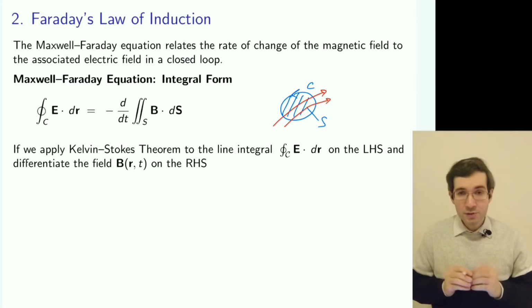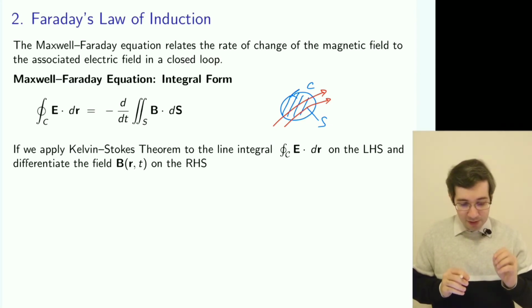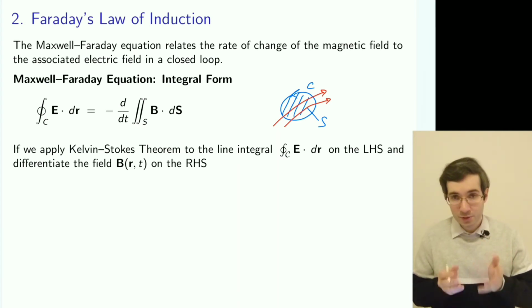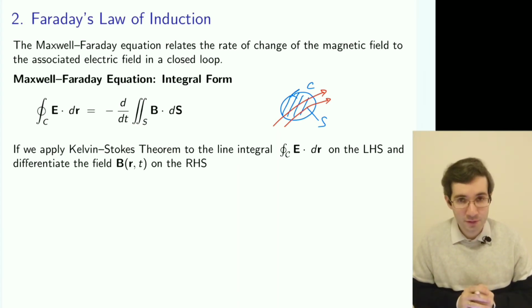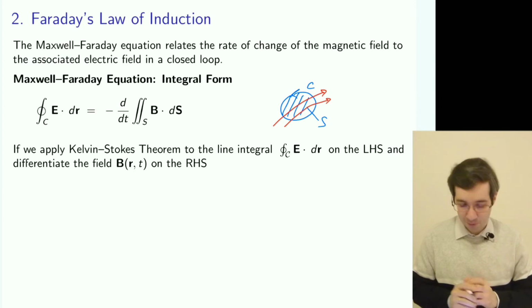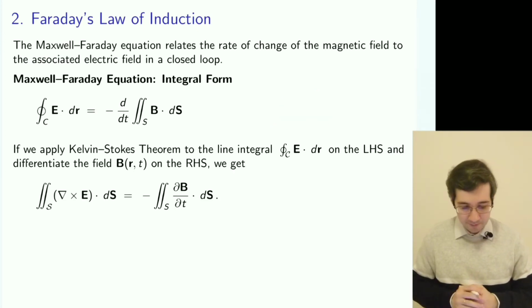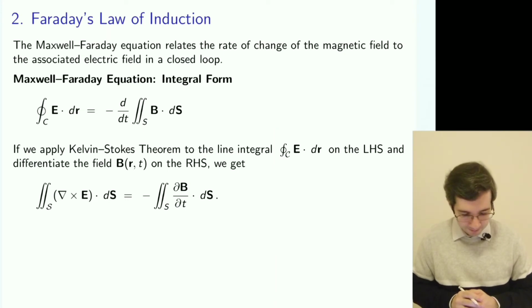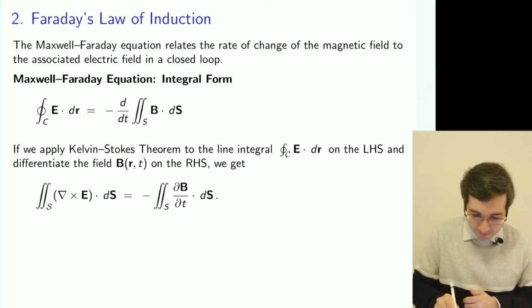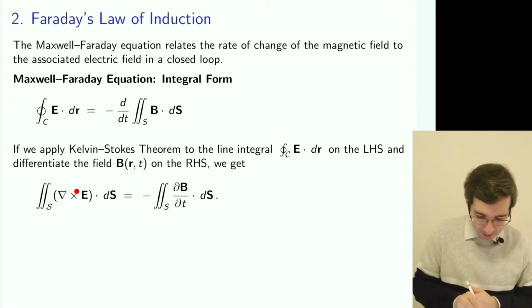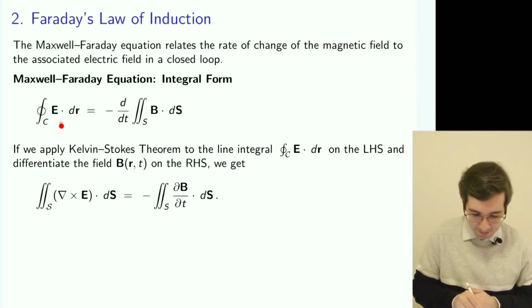And what we can do here is change the integral form, which you can see now because you have integrals, to the differential form. If we apply the Kelvin-Stokes theorem to the left-hand side, we can write it as the curl using this theorem.